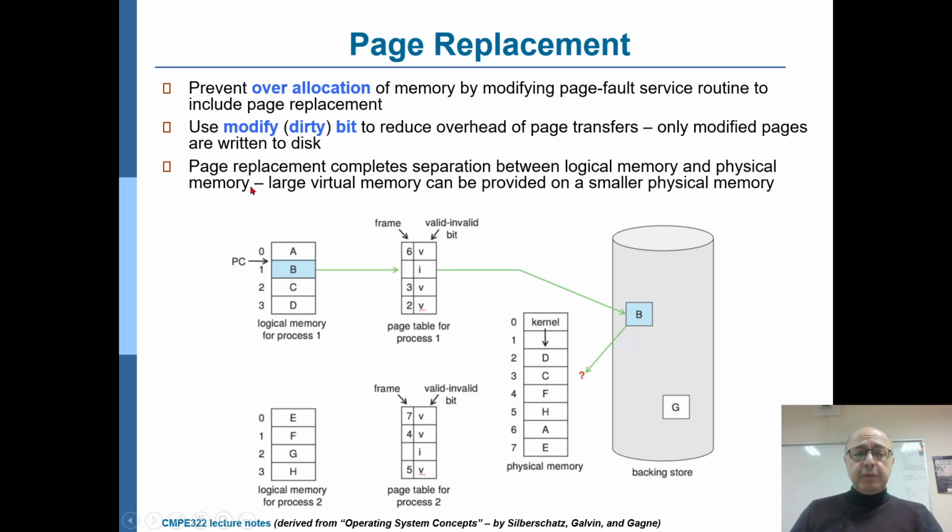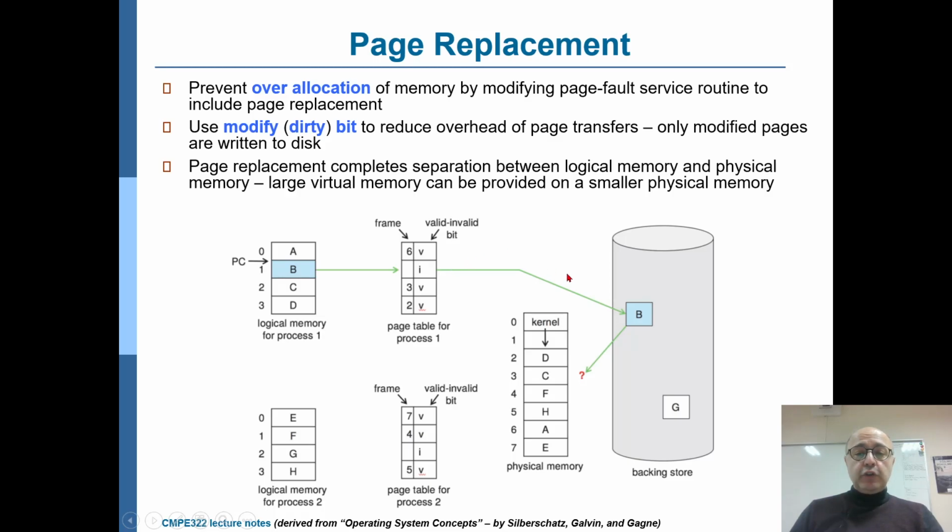So in this example, process P1 wants to access an instruction, for example, in page 1, because the program counter is pointing somewhere in page 1 of process 1. It was supposed to be in this entry in the page table, but we see that that entry is marked as invalid.